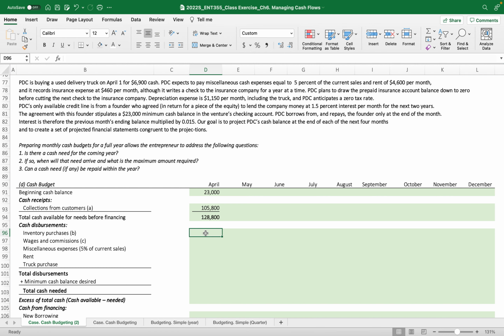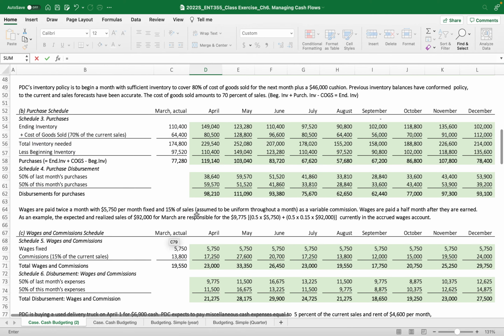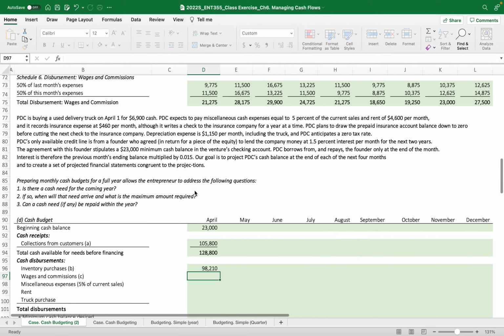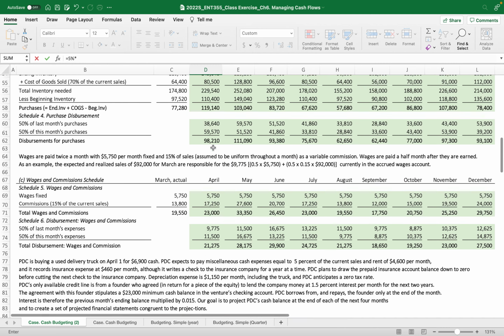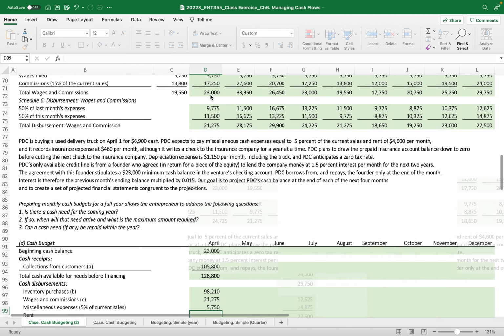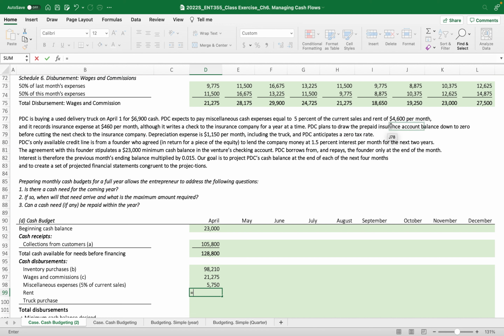We need to calculate the total disbursements from the inventory purchase Schedule B, and then Schedule C, and then miscellaneous. Again, the reason we didn't create a schedule is that the actual cash out is exactly the same as expenses. We don't need to create one. And then 5% of projected, forecasted sales. And then rent is in the description.